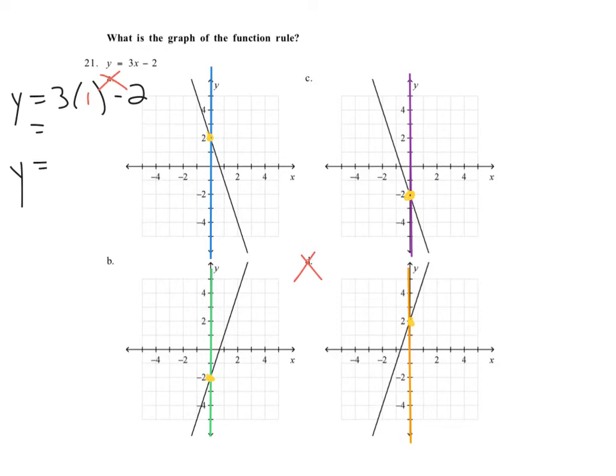I'm going to say plug in 1, and we get 3 times 1, which is 3, minus 2, and 3 minus 2 is 1. What that suggests is that if the graph is correct, we should have an x-coordinate of 1, because that's what we plugged in, and a y-coordinate of 1, because when we plugged in 1 for x, it produced 1 as our output value.